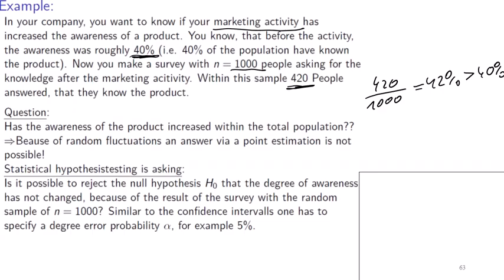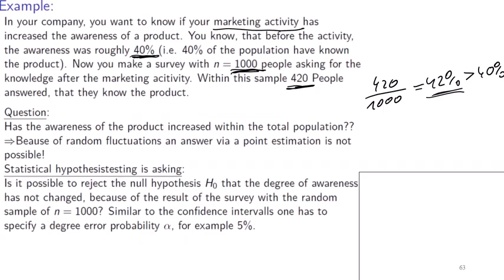So until now, with our descriptive analysis, we can only say that out of this survey data there are 42%, but from this we cannot conclude that overall my marketing concept was a success.